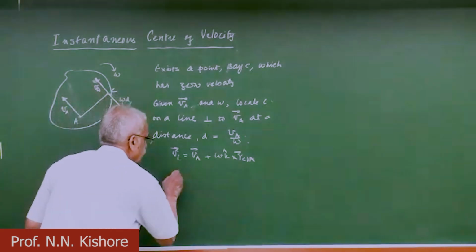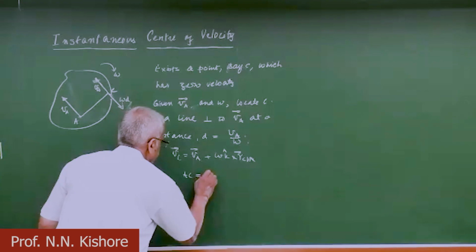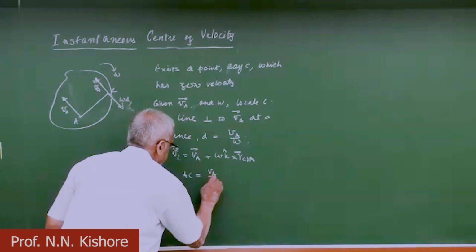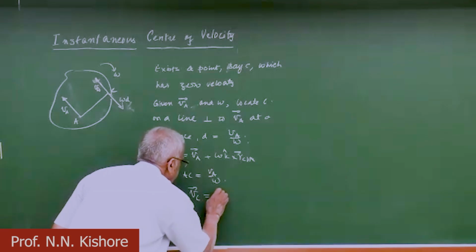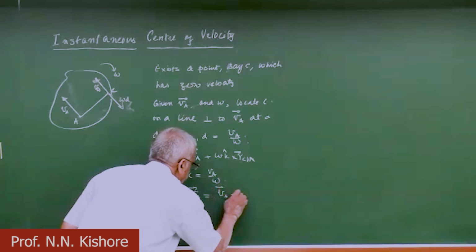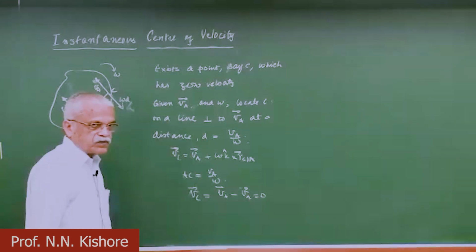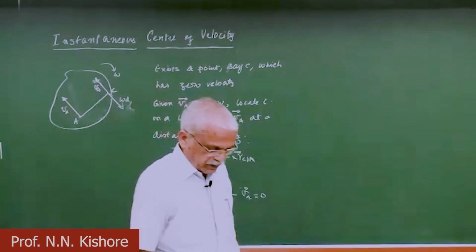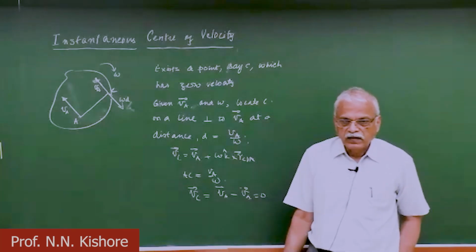So you can see that AC is equal to VA by omega. So VA minus VA is equal to 0. So this is how we can locate C. This is what I did last time.